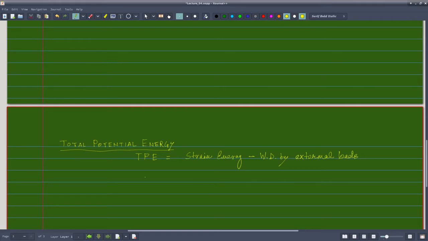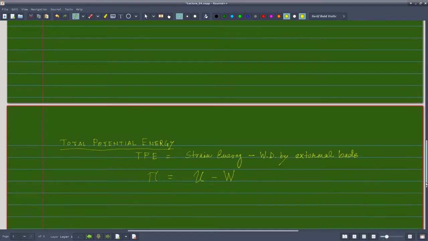And we usually denote this total potential energy by capital pi, and this capital pi is actually the sum of strain energy, which is denoted by capital U, plus negative of this work potential W, where this U is my strain energy and work potential is the work done by whatever load the system is acted upon by.